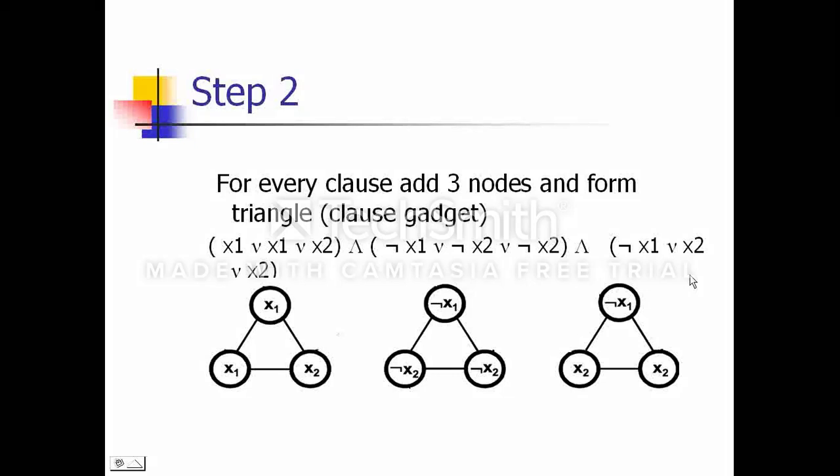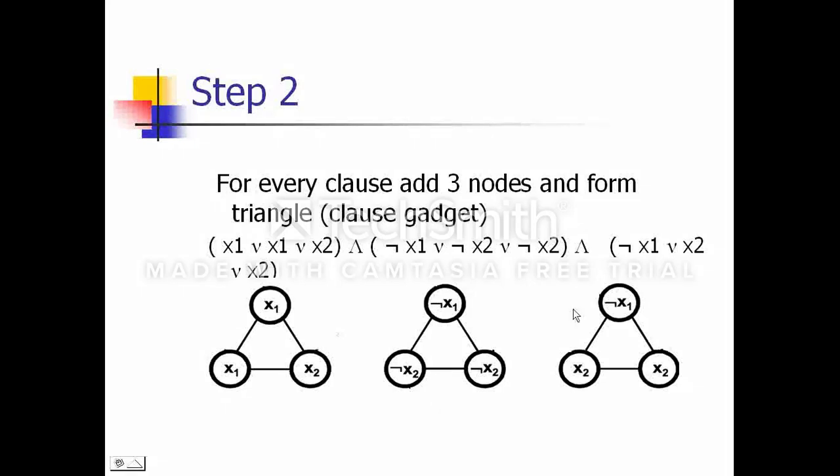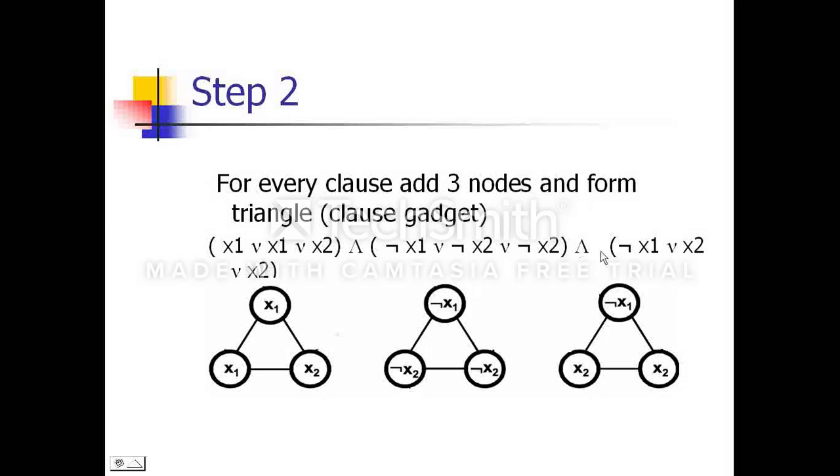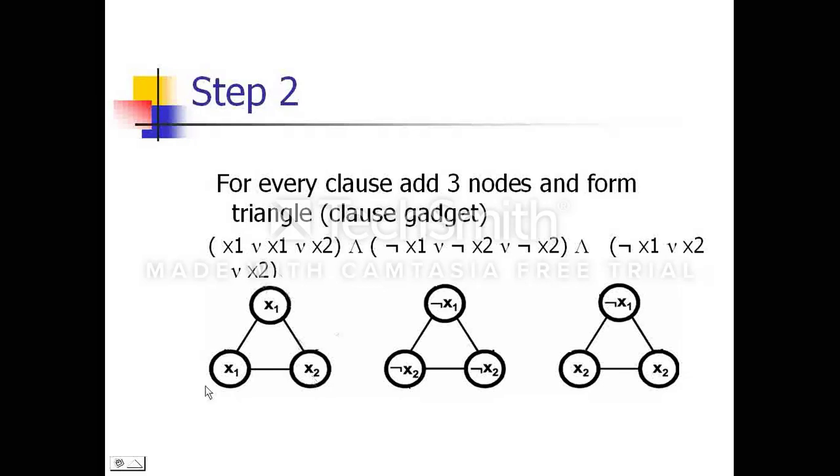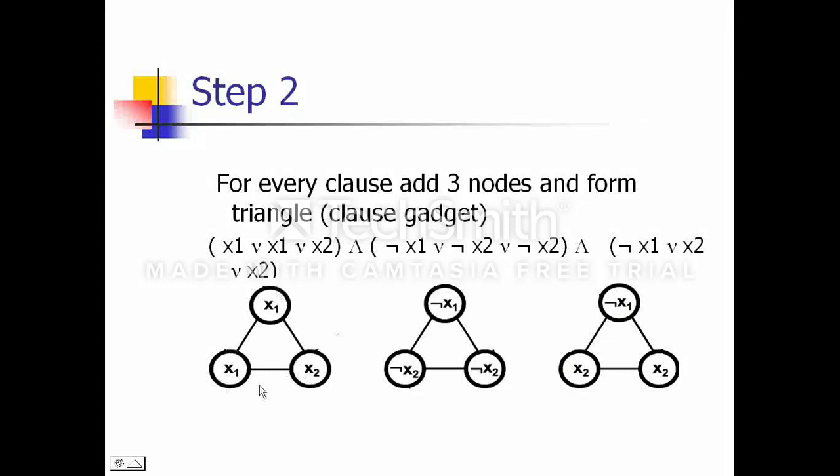Second step. Now for every clause add three nodes and form a triangle. These are the three clauses given. We will be creating a node for each variable and connect them to form a triangle. For the first clause: x1, x1, x2.